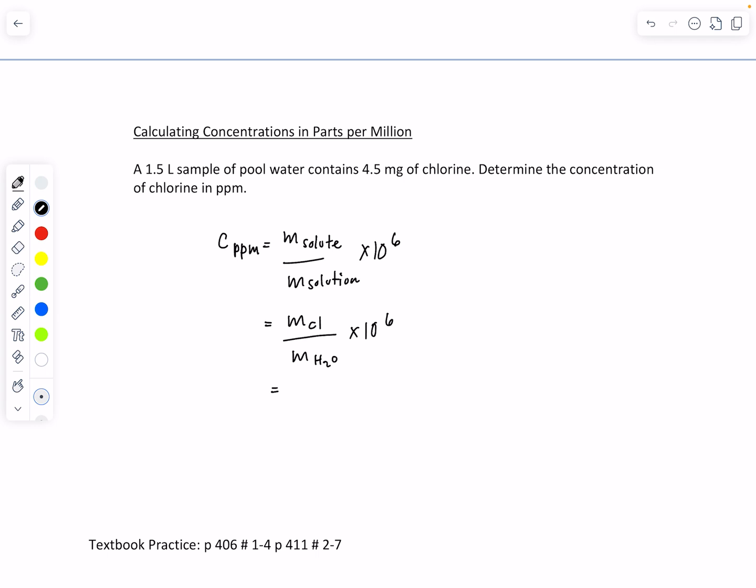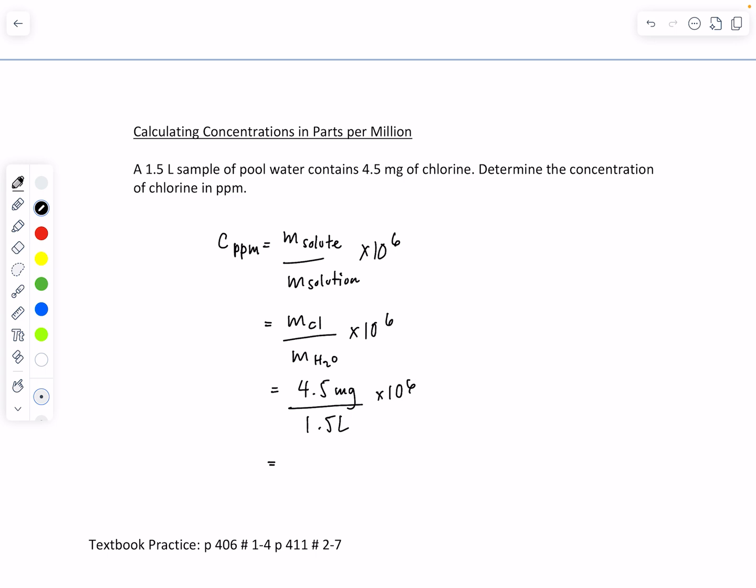So we have 4.5 milligrams divided by 1.5 liters times 10 to the power of 6.